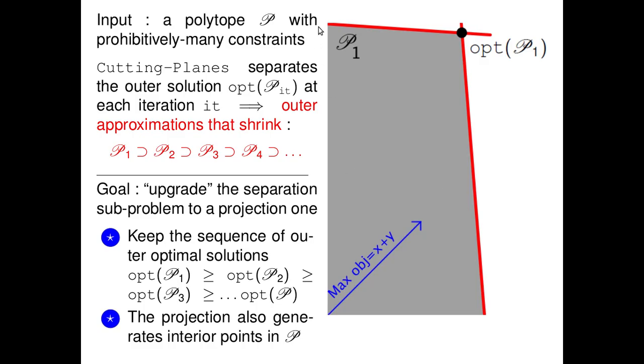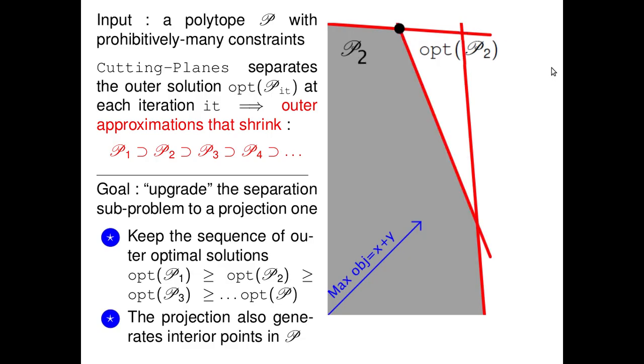At the very first iteration, for instance, if I maximize an objective function in this direction, let's say I only have two constraints. This means that the first polytope only contains two constraints. It's an outer approximation of the real feasible area, opt P1 is its solution, and by separation I cut this outer solution opt P1.